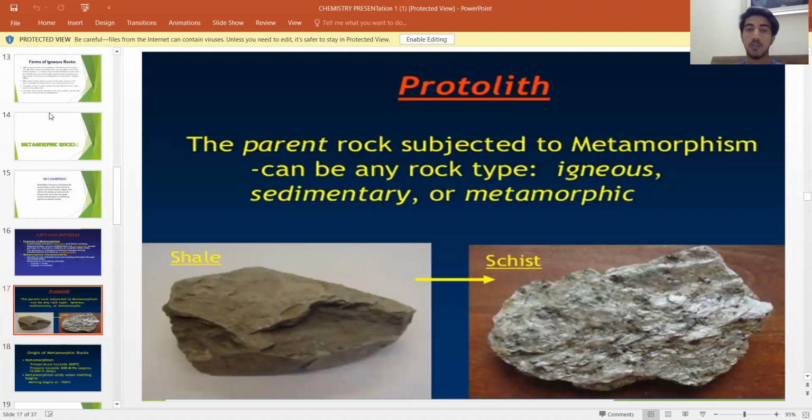Metamorphic rocks were once igneous or sedimentary rocks, but they have changed as a result of intense heat or pressure within the Earth's crust. They are crystalline and are often squashed.